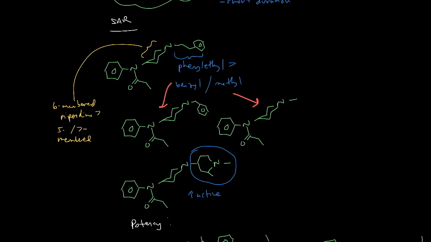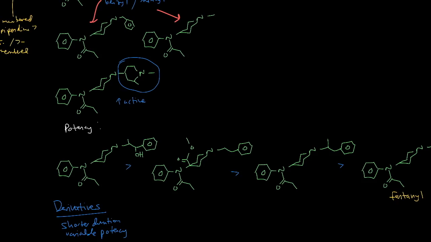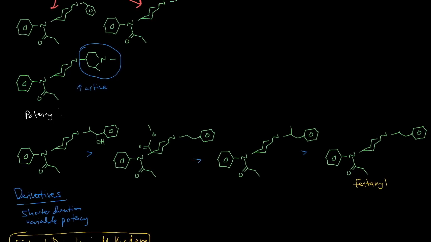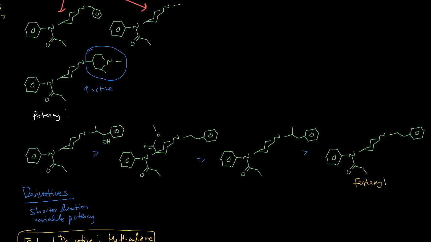I would know what this structure looks like since it's part of the SAR. So in picture form, I'm giving you what I said in word form as a comparison chart. These are all modifications of fentanyl. Here you have the phenylethyl group with a carbon here and a hydroxyl group here.